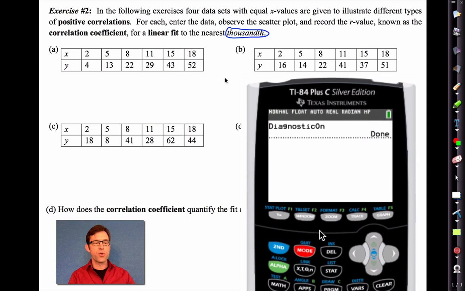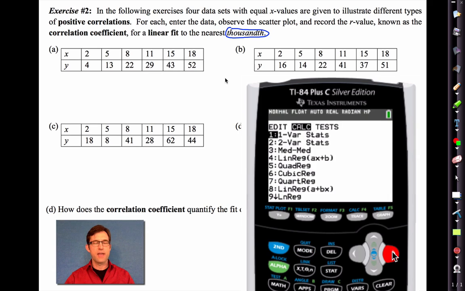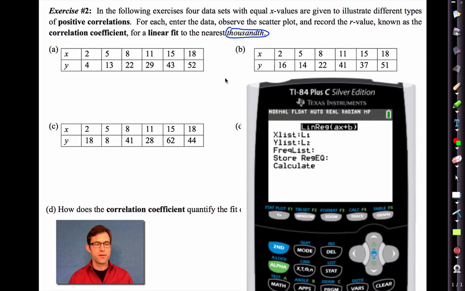So to calculate the correlation coefficient, I have to look down at my calculator a little bit. All right, you're going to hit the stat button. You're going to go over to the calculate command, and you're going to go down to linear regression. Now you've done this quite a few times recently, but hit return on it. All right, that pops you out to the main screen.